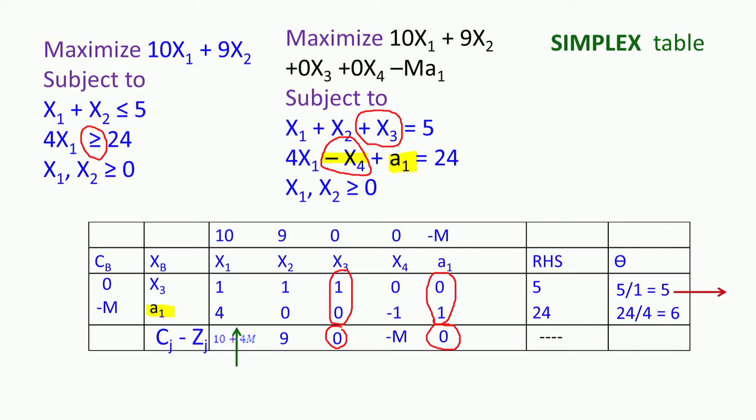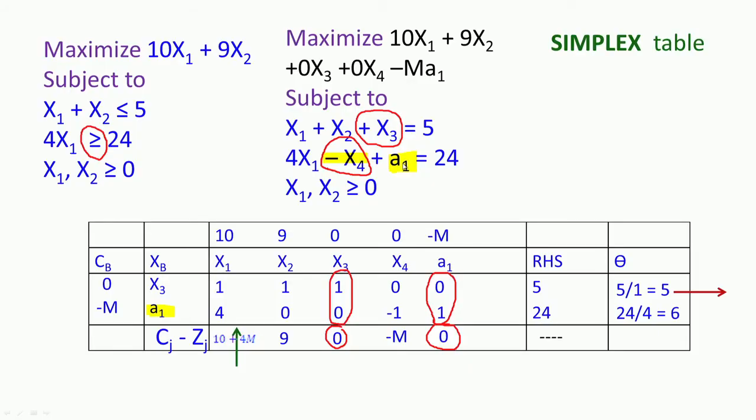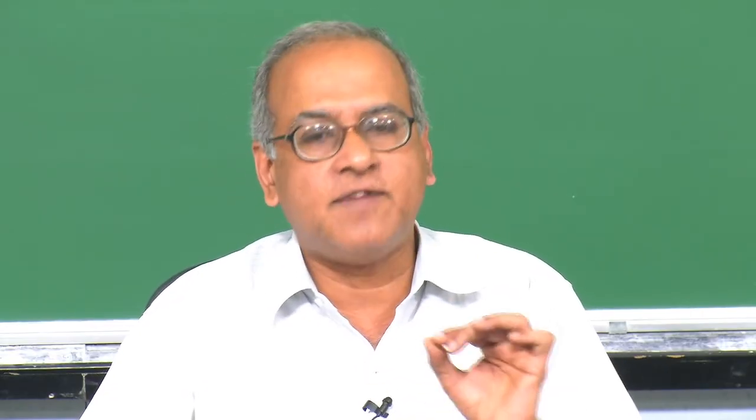This artificial variable was introduced only for the sake of starting the simplex algorithm, and this was not part of the original problem. So, we said we do not want this artificial variable to be in the solution, and the way we handled it is by giving a large positive value m and by putting a minus m in the maximization objective, so that a large negative contribution prevents this variable from being in the solution.